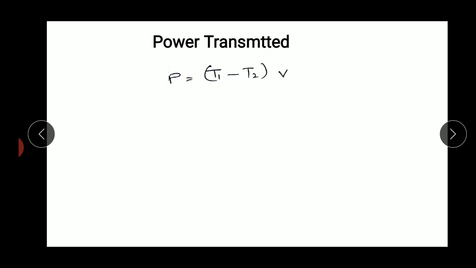Now what is the power equation? Power equation is P equal to (T1 minus T2) into V. Velocity of the belt we had found and power is given. So put the values of power as 10.5 into 10 raised to 3, velocity of the belt as 7.068, and T1 as 2.667 into T2.